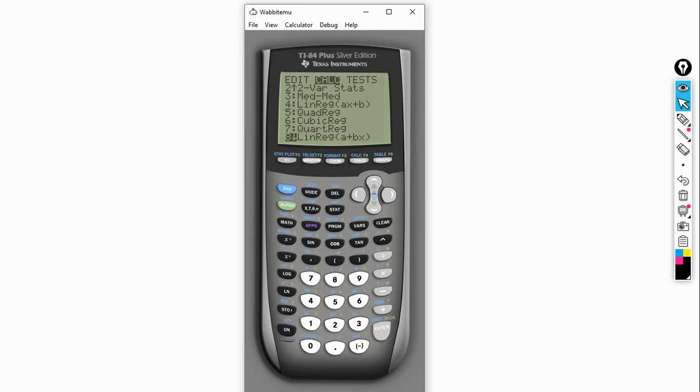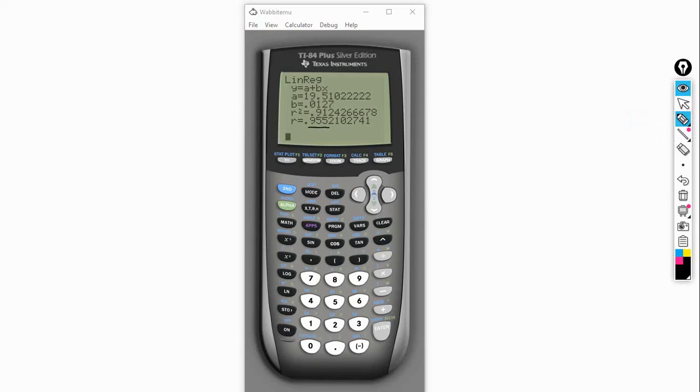So let's hit Enter, and it says Linear Regression A plus BX. Let's click on Enter there, and notice that we get the data that we're looking for. If you look at R, which is the correlation coefficient, it tells us that it is about 0.955, as you can see here.